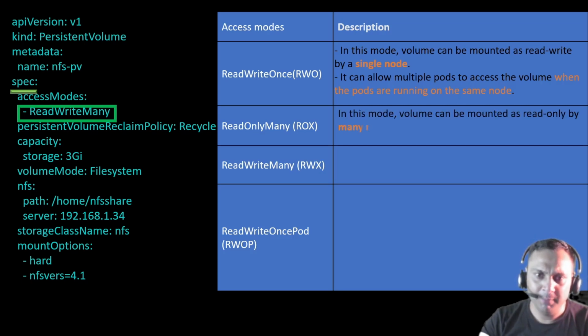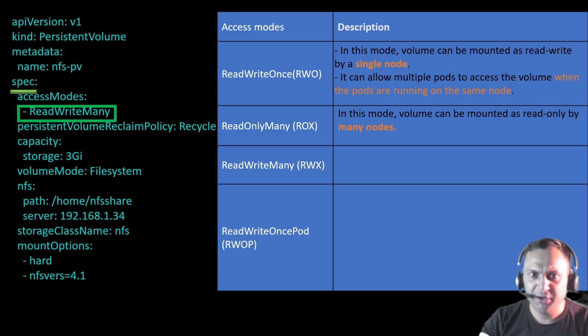In ReadOnlyMany mode, volume can be mounted as read-only by many nodes. Please bear in mind, in ReadWriteOnce, this volume can be accessed inside one node only, meaning worker node 1 or worker node 2, only one node. However, in ReadOnlyMany, we can share this volume with the entire cluster.